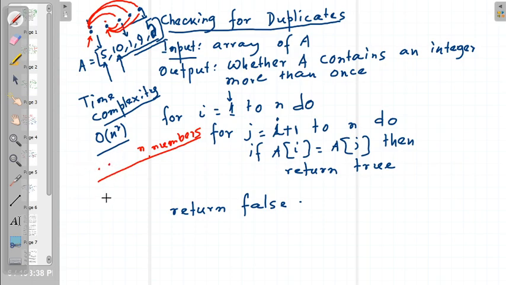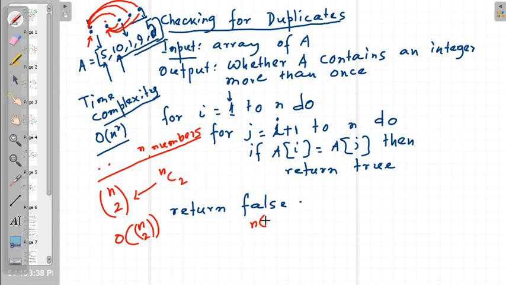Okay. So I guess this is n choose 2. That means nC2, right? And we call that n choose 2, right? So the number of comparisons happening here is n choose 2. So what is n choose 2?